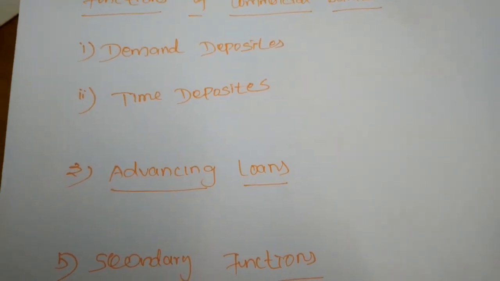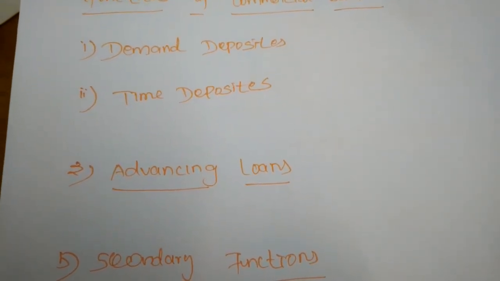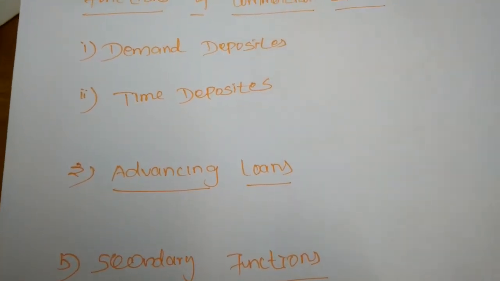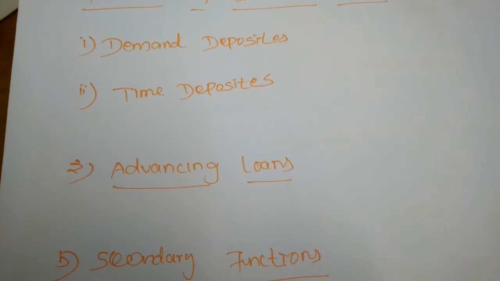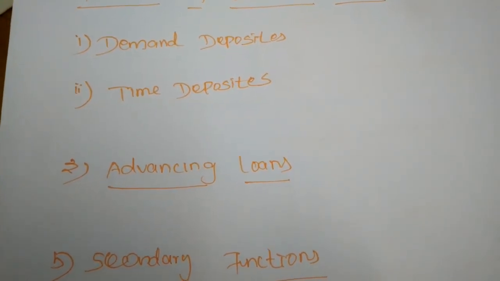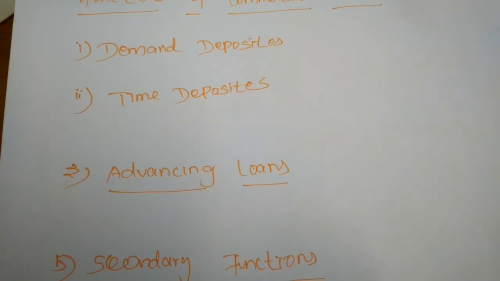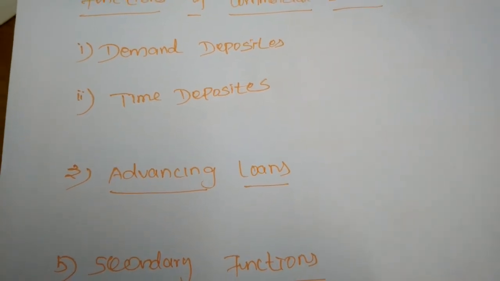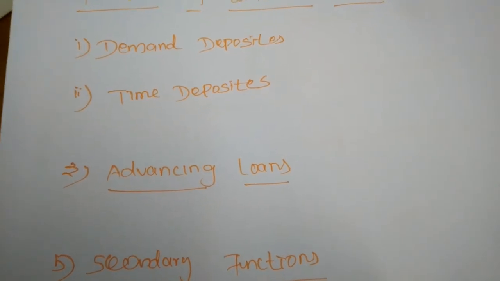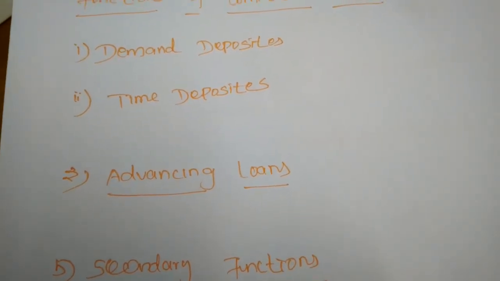The entrepreneurs also get the same benefit of expanding their existing industries, or establishing new industries if they want to. Without the function of advancing loans, our economic development will not improve considerably.